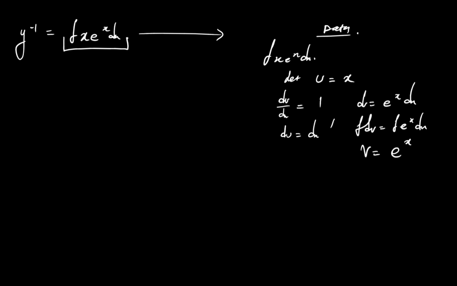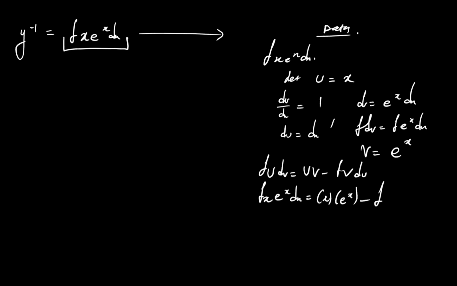Now using the formula, the integral of u dv being equal to uv minus the integral of v du. Therefore, we have the integral of x e to the x dx being equal to x times e to the x minus the integral of v du, which is e to the x dx.